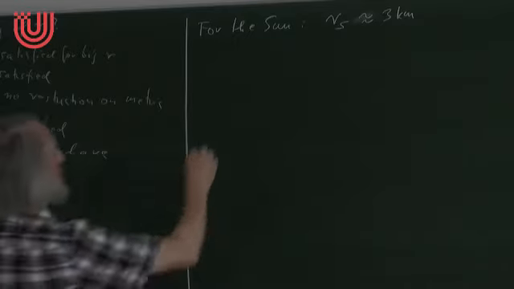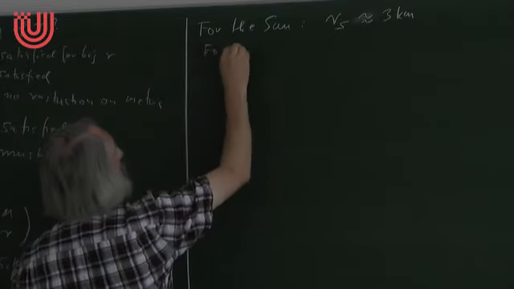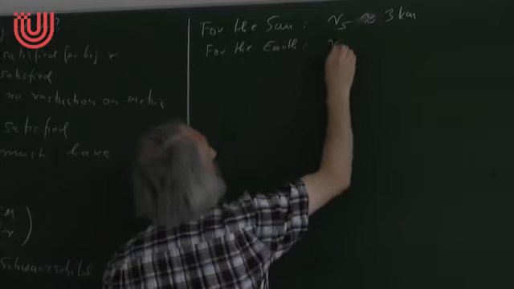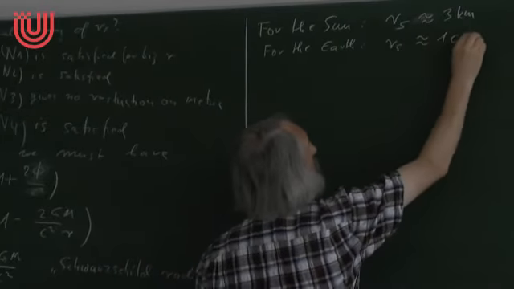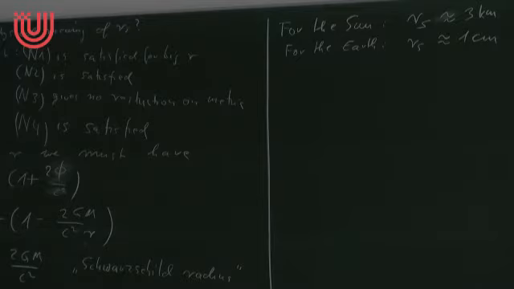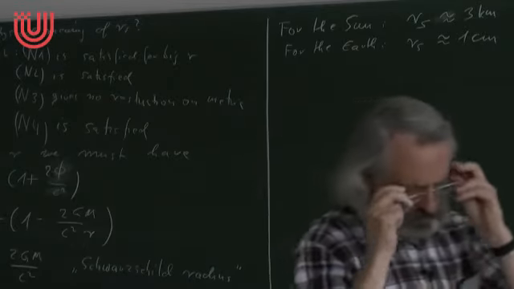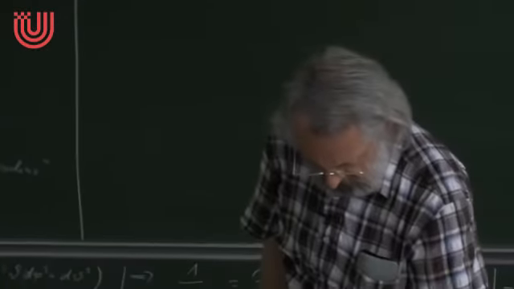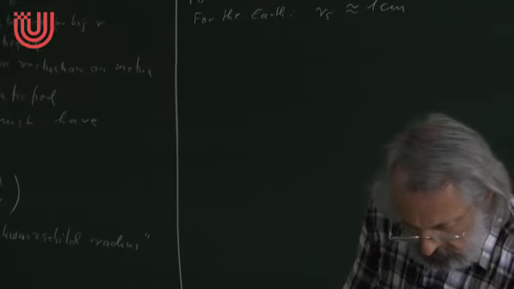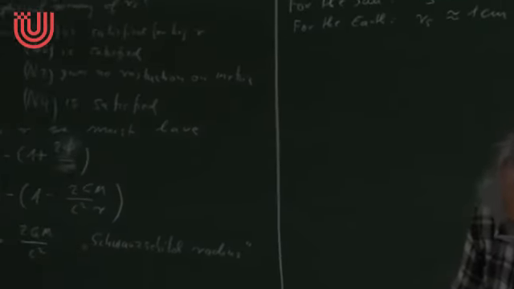For the Earth, we get something like a centimeter. So obviously the Earth is bigger than this. Was it a centimeter? I think so, something in this order. Yes, approximately a centimeter.